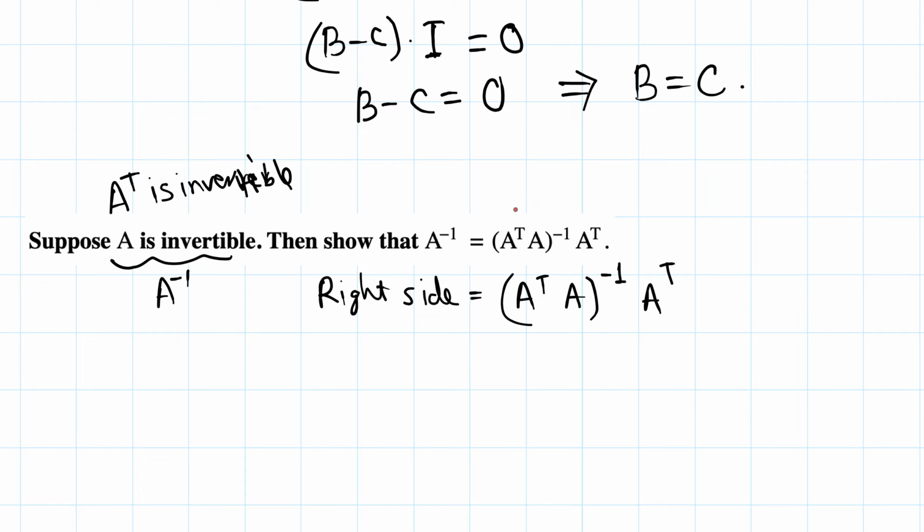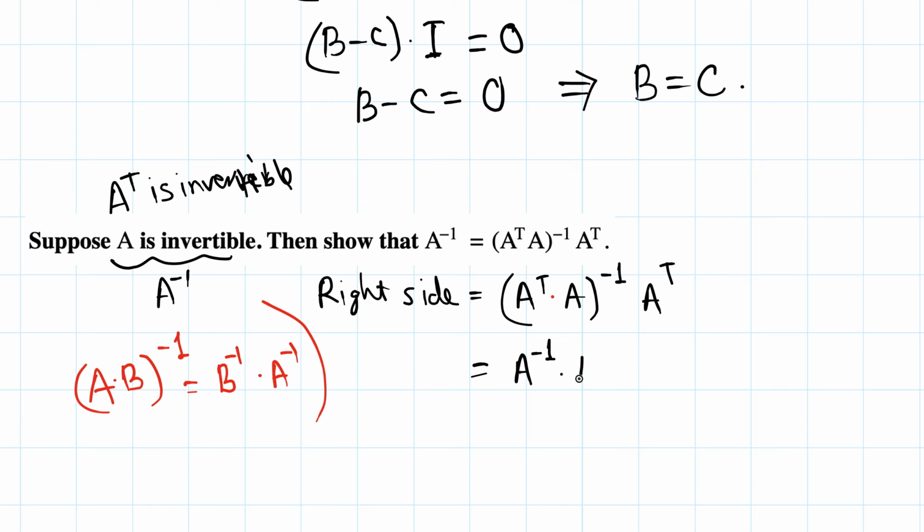We know that the inverse of a product of two matrices A times B is the product of the inverses in reverse order, B inverse, A inverse. That's the fact we learned in class. So this will be A inverse times A transpose inverse, and we have A transpose.